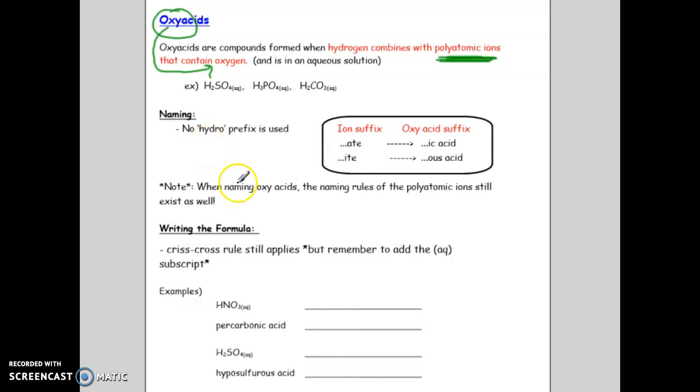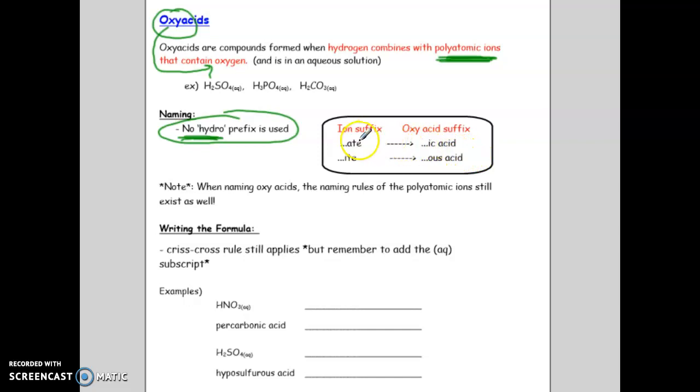So the main difference when you're naming, there's a few things. First of all, we do not put hydro in front. You know how we had hydrochloric acid? You do not put the hydro when it's an oxyacid. The other thing to make note of is that the ending of the polyatomic ion will tell us the ending that the acid will be.